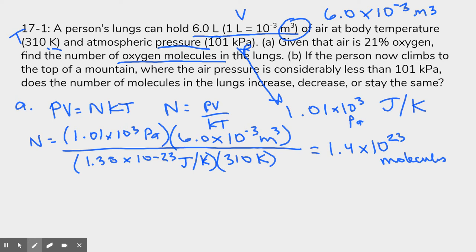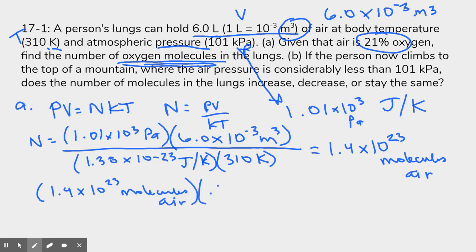of air. But we specifically want to know the oxygen molecules in the lungs. And we're told that air is about 21% oxygen. So let's take this value that we got and multiply it by the percentage. That would be 1.4 times 10 to the 23rd molecules of air, but only 21% of these are actually oxygen molecules, so we'll multiply it by 0.21.